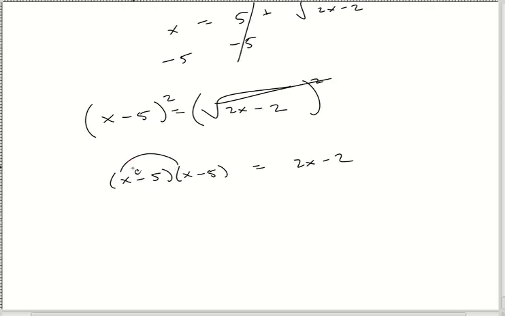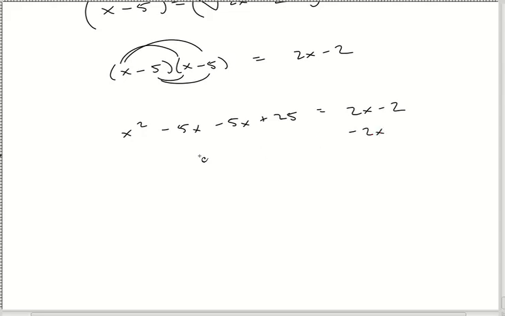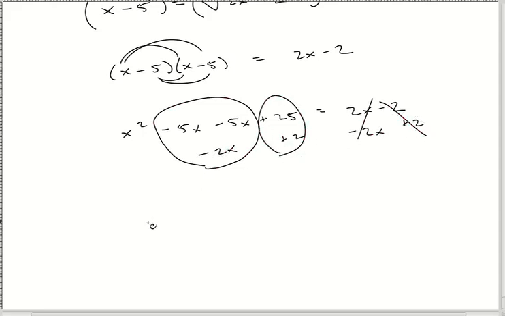Here you're supposed to FOIL. But notice this foiling is so much better than the previous attempt. Minus the 5x, minus the 5x, plus 25. I'm going to minus the 2x on both sides. Combine these like terms together. I'm also going to add the 2 to both sides, and combine those like terms together.